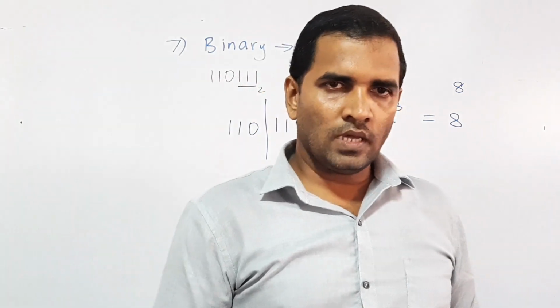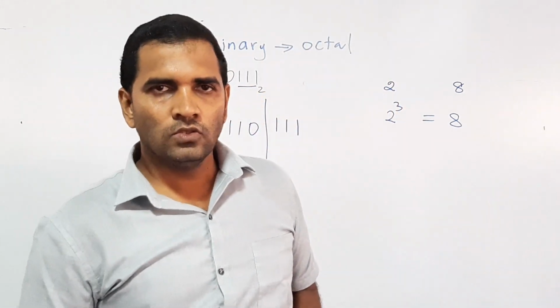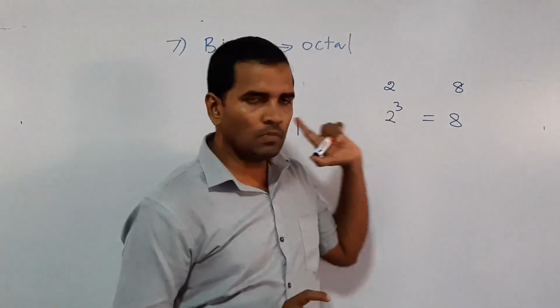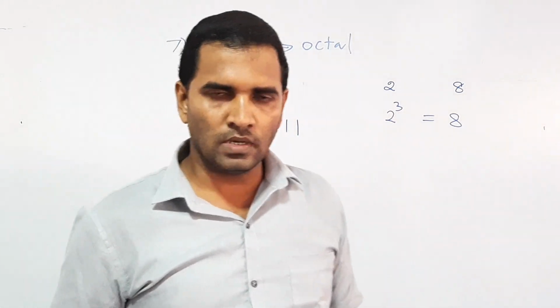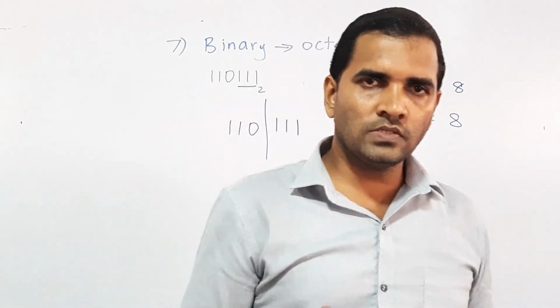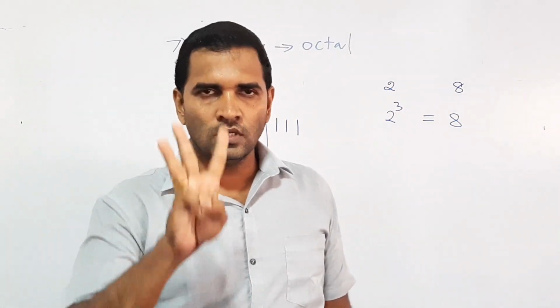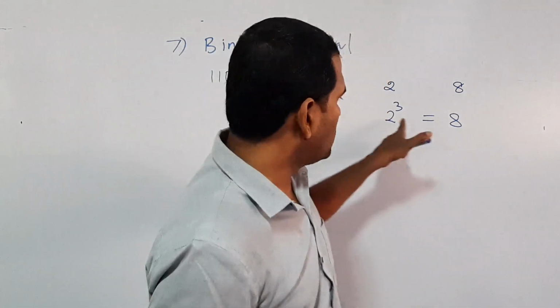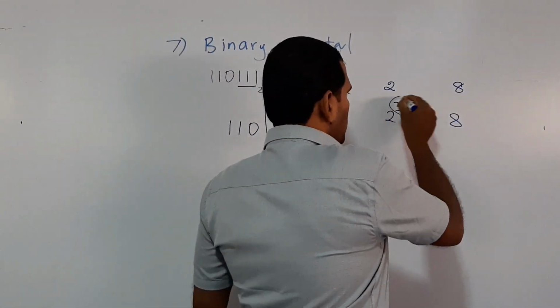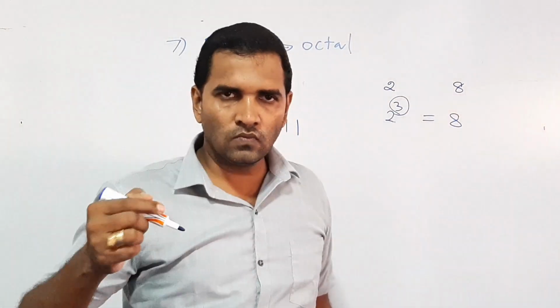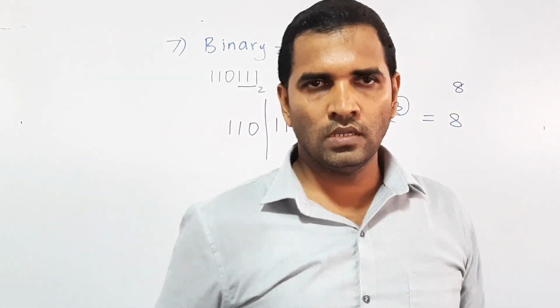To represent an octal number, you must have 3 binary digits. I repeat my wording again. For representing one octal digit, you must use 3 binary digits, because 2 to the power 3 is always 8. For representing one octal digit, definitely you need 3 bits.